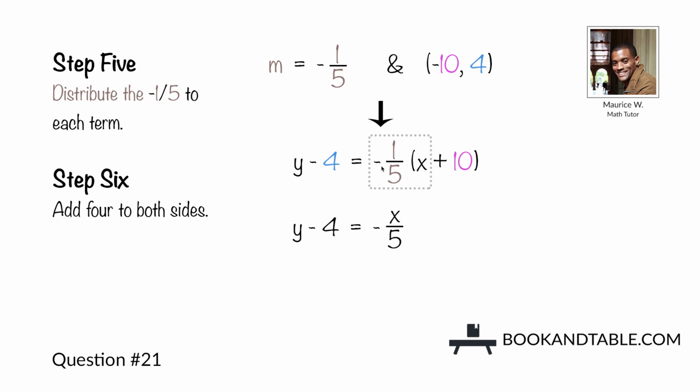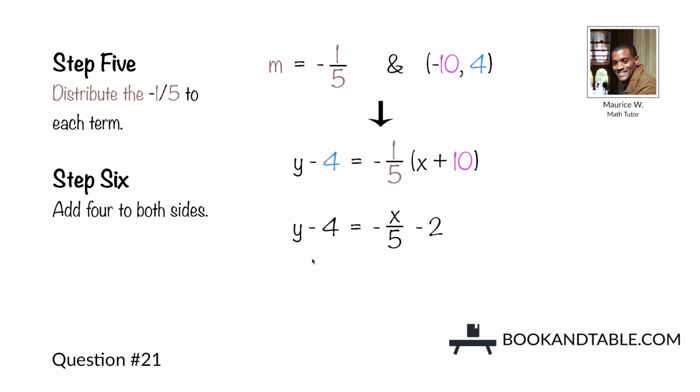So you get negative x over 5. Negative 1 times 10 will give you negative 10 over 5. Negative 10 over 5 is equal to negative 2. So we have y minus 4 is equal to negative x over 5 minus 2.